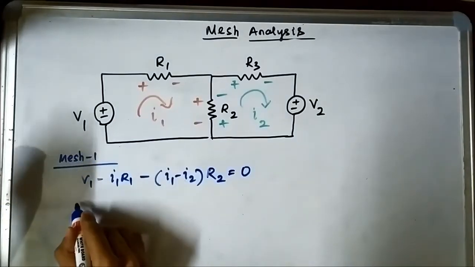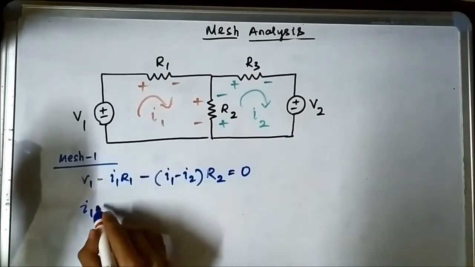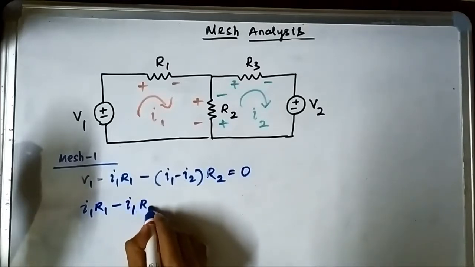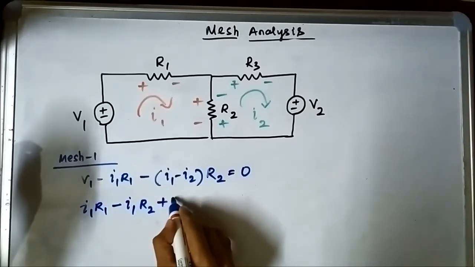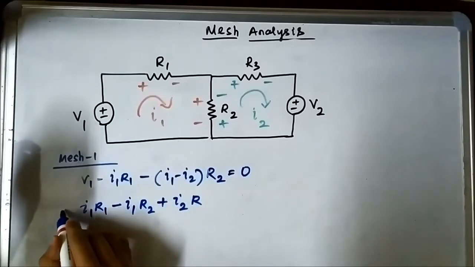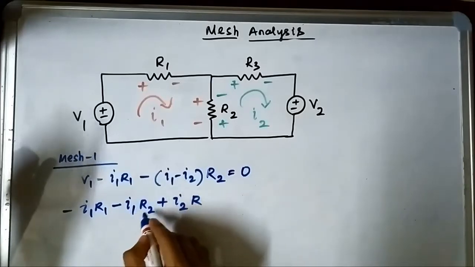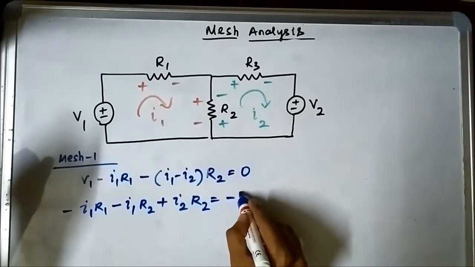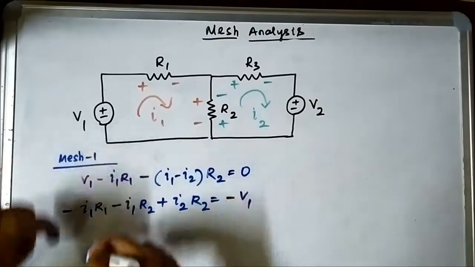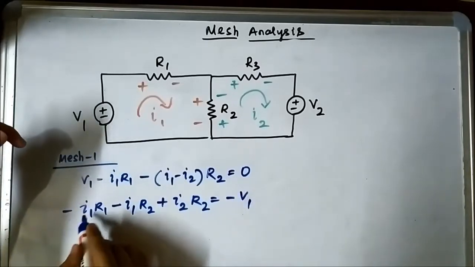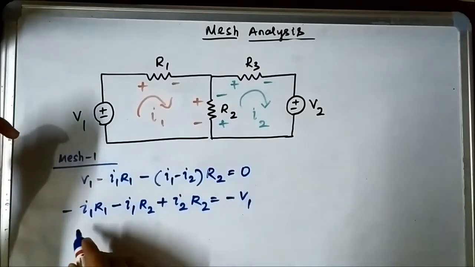So we can further simplify it as minus I1 R1 minus I1 R2 plus I2 R2 is equal to minus V1. If we perform negation, the minus will become plus and the plus will become minus.